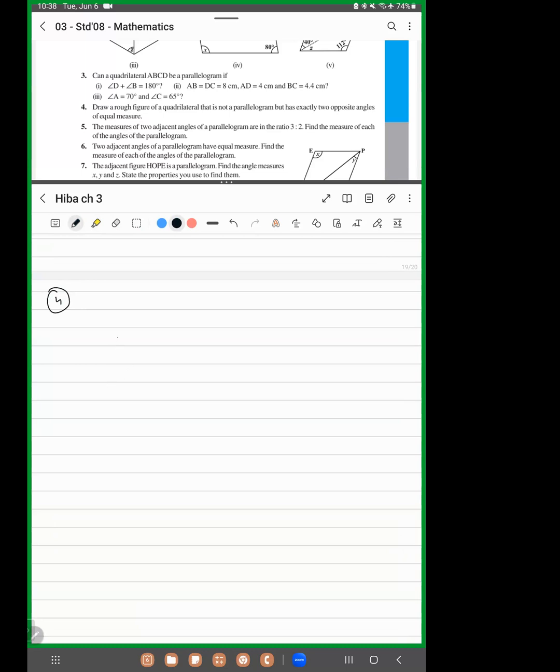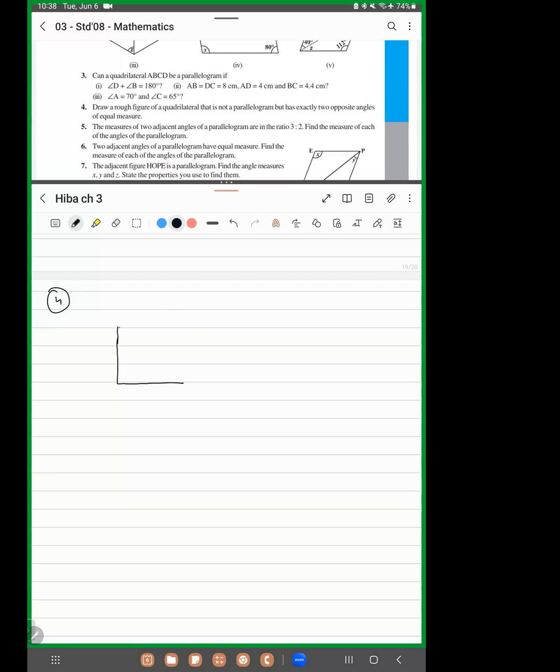So let's say I make एक 90 degree यहाँ बना दिया. Will it be a rectangle? Let's see. I don't think it can be a rectangle, Hiba. It cannot be a rectangle. Let me tell you why. No, it will be a square. Wait.